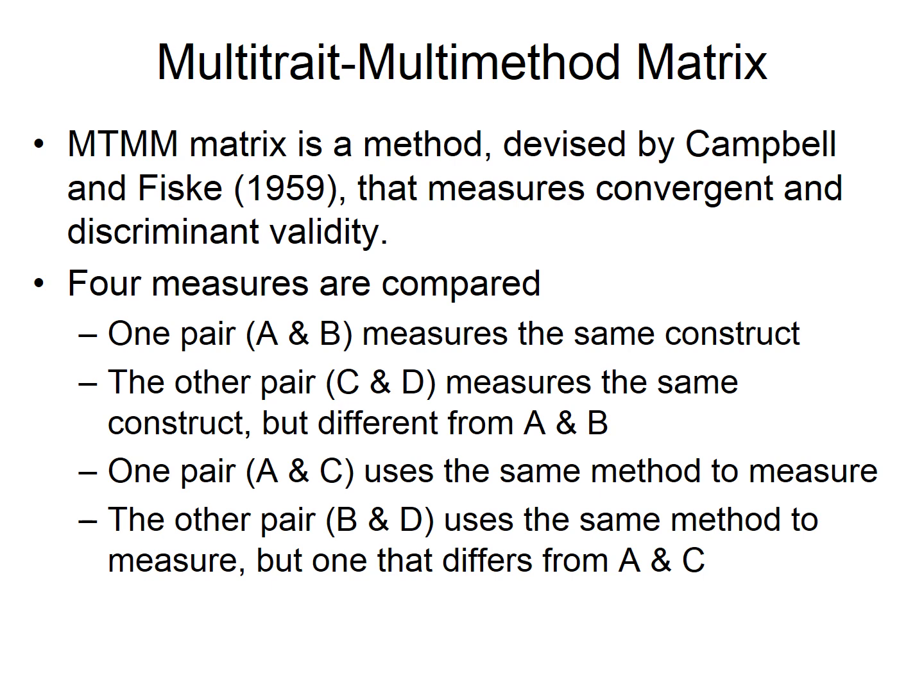So you're going to gather this information all from individual participants. So every participant in this study will fill out a self-report measure of depression, A, a self-report measure of anxiety, C, have a clinical psychologist rate their depression, B, have a clinical psychologist rate their anxiety, D.